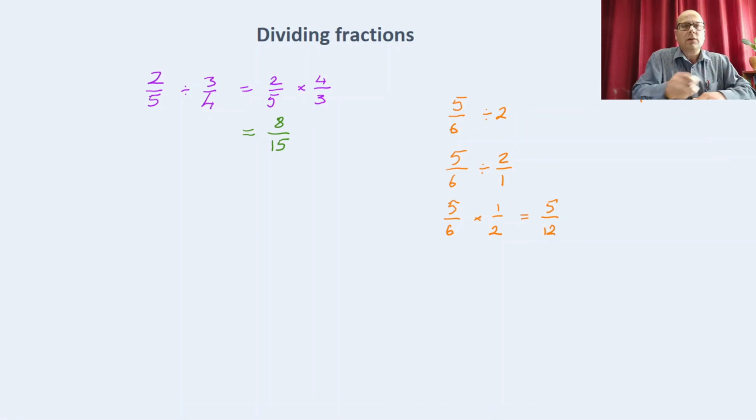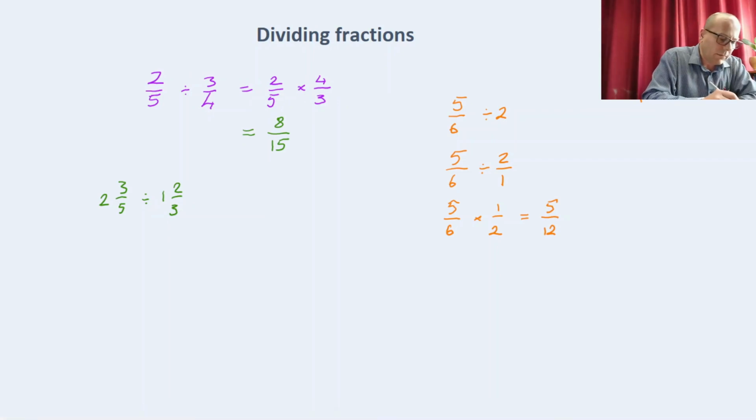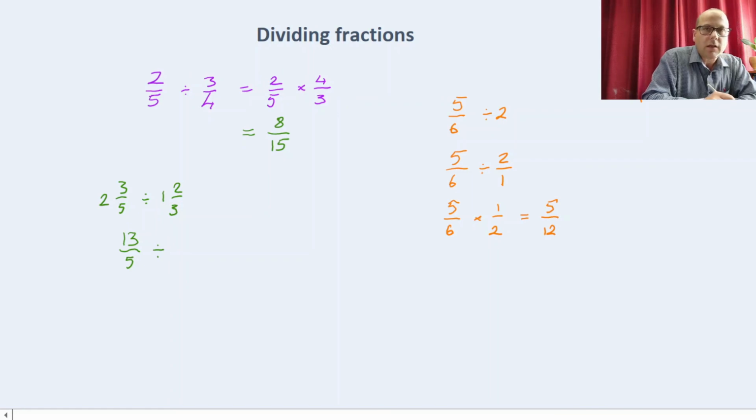Let's get them a bit more challenging. 2 3/5 divide by 1 2/3. First of all, we change the mixed numbers into top heavy. 5 times 2, 10, add 3, 13 over 5, divide. 3 times 1, 3, add 2, 5 over 3.